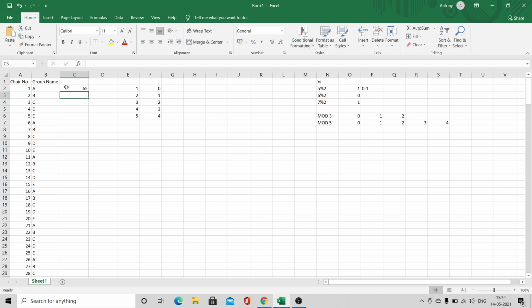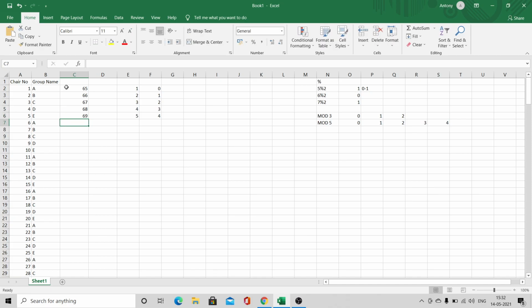The ASCII value corresponding to B is 66. The ASCII value corresponding to C is 67. The ASCII value corresponding to D is 68. And the ASCII value corresponding to E is 69.